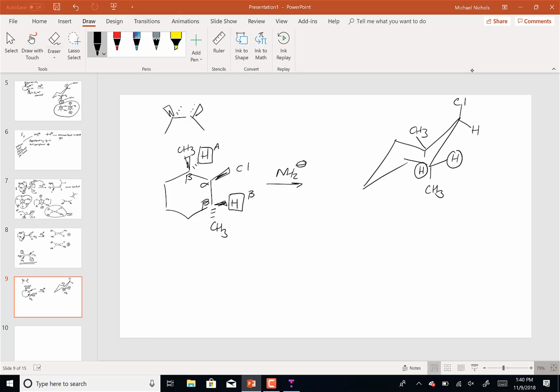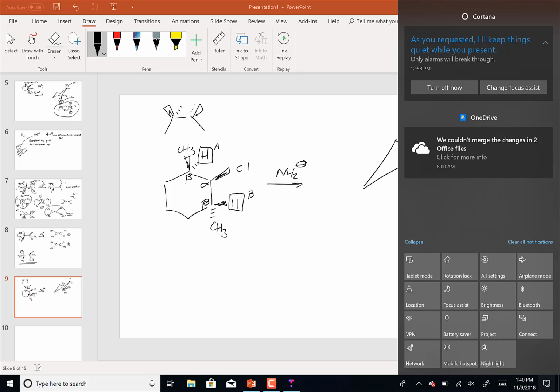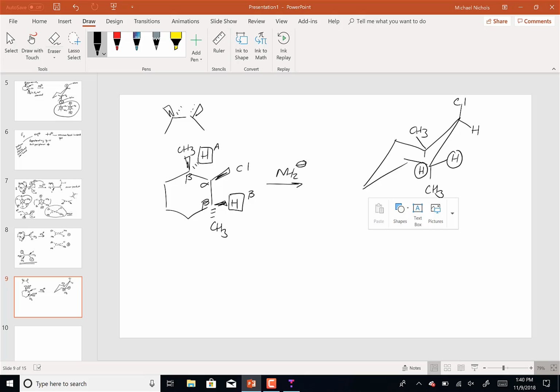Okay. So when I look at this structure, I see this hydrogen right here. This is hydrogen B. So can hydrogen B be removed?